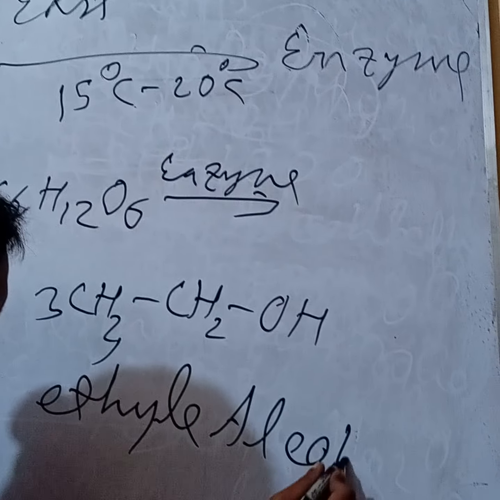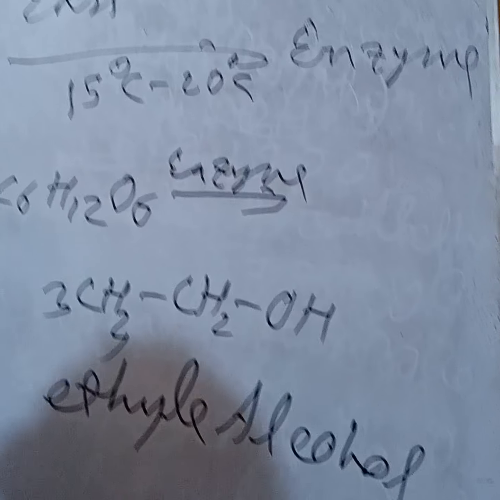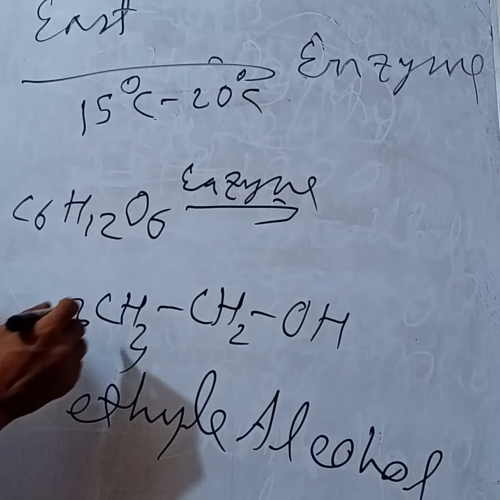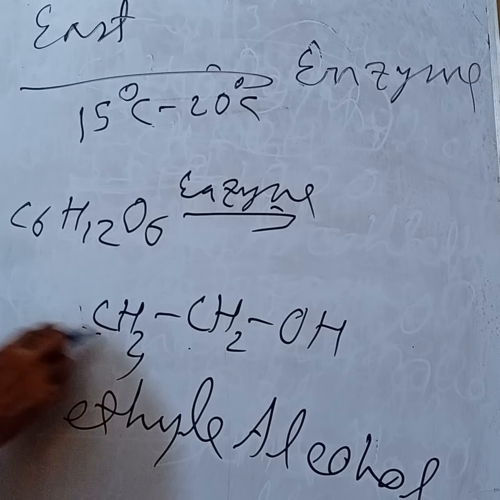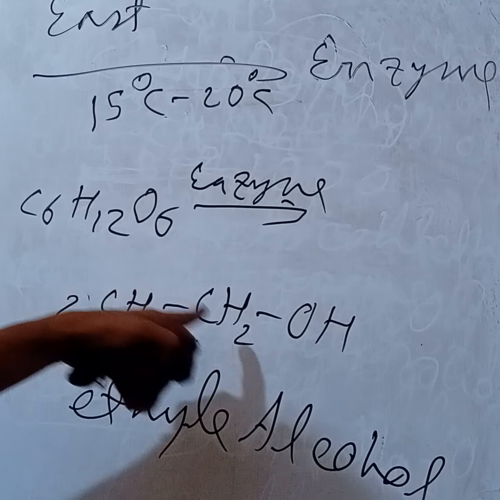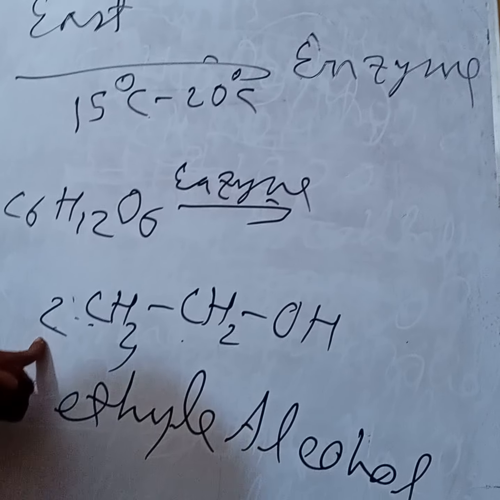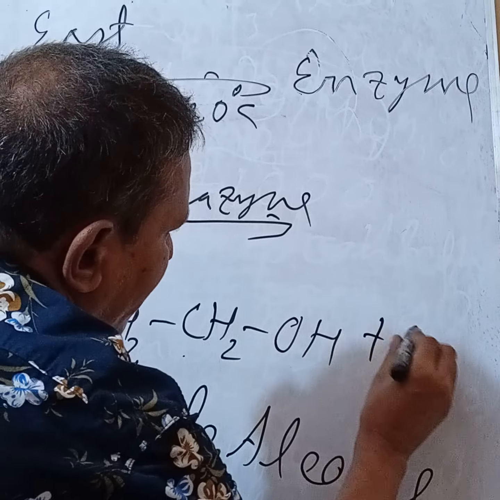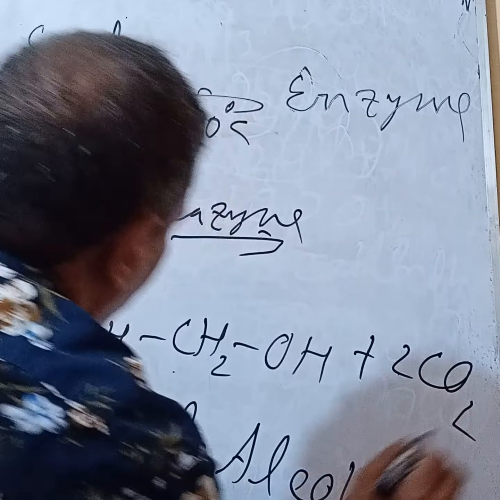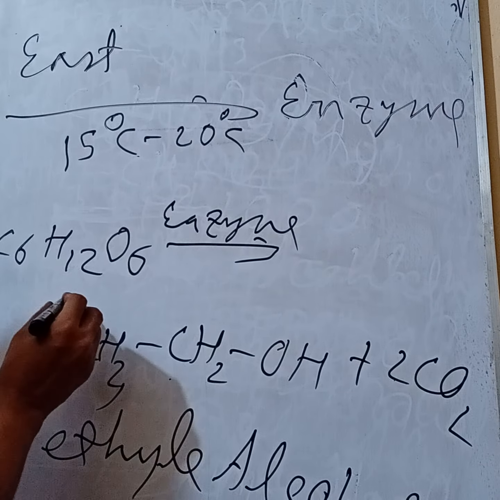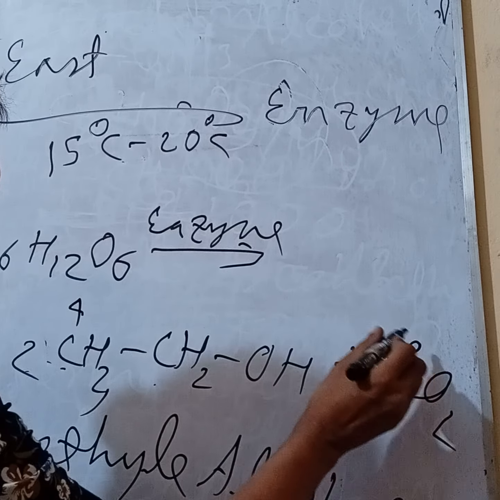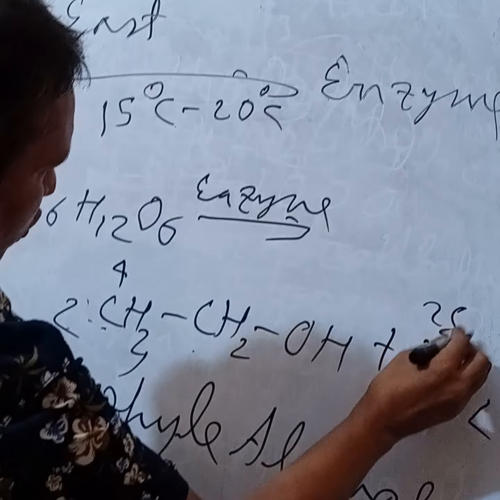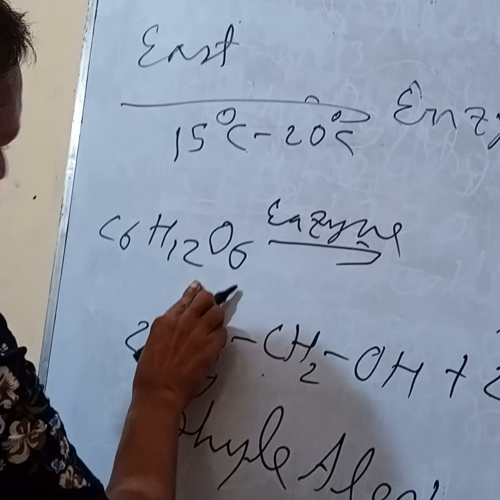Now the equilibrium on two sides. 1 to 6, sorry, 2. There is carbon 4, there is 6, there are 2 carbons, so 4 to 6 carbon is completed.